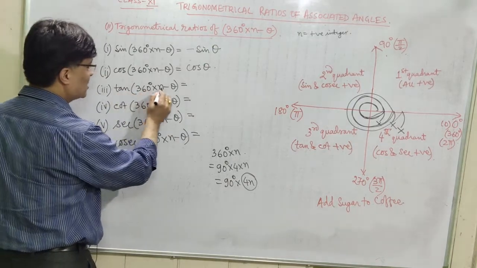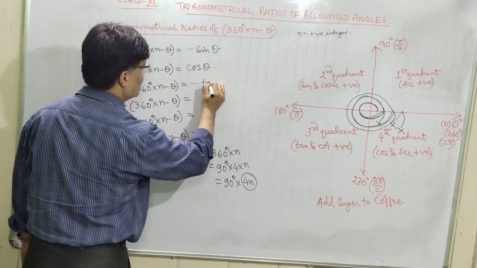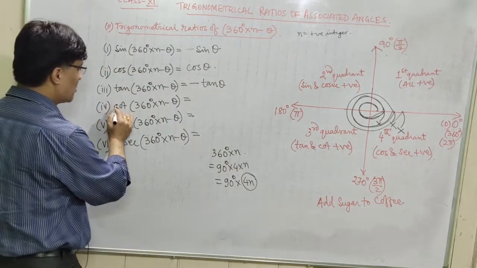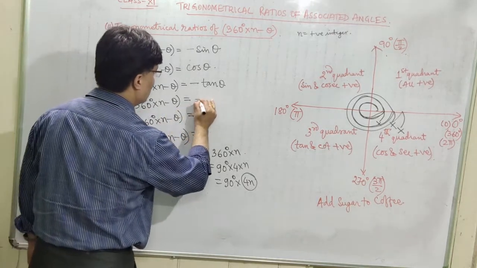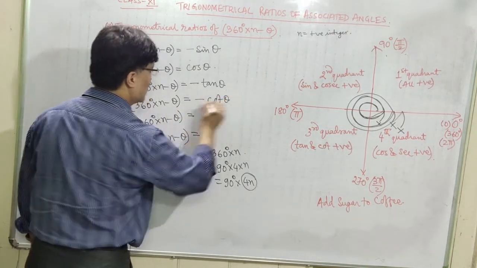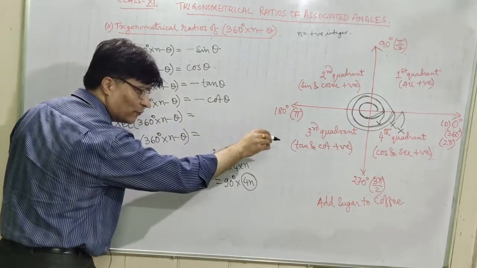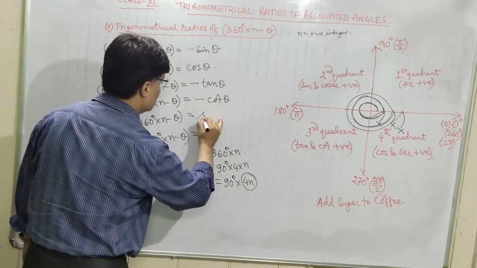What about tan 360 into n minus theta? It lies in the fourth quadrant, tan is negative, so minus tan theta. And cot 360 into n minus theta lies in the fourth quadrant, cot is negative, so it is minus cot theta. Sec 360 into n minus theta lies in the fourth quadrant, where sec is always positive, so it is sec theta.